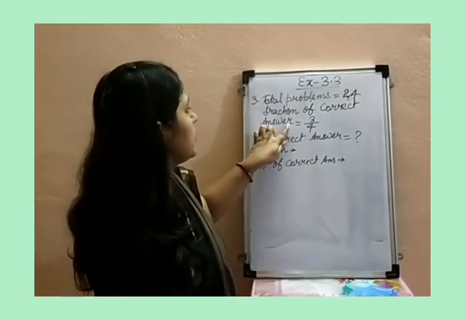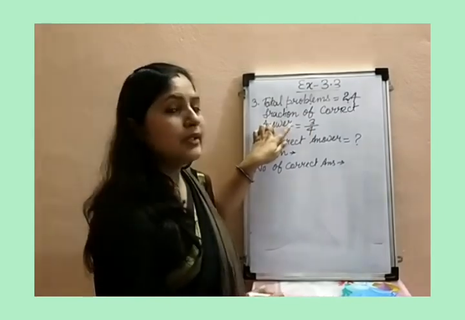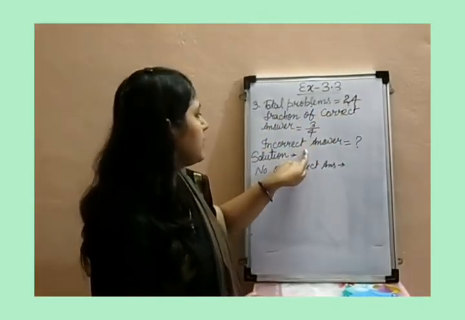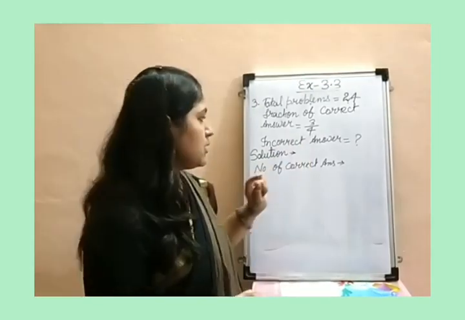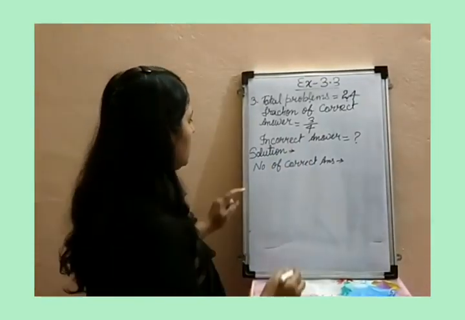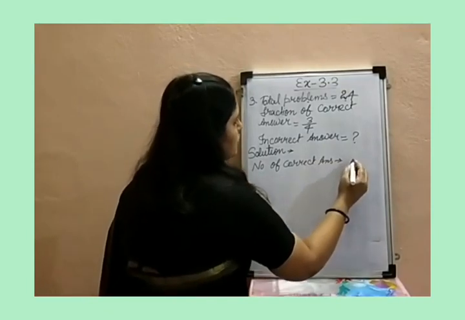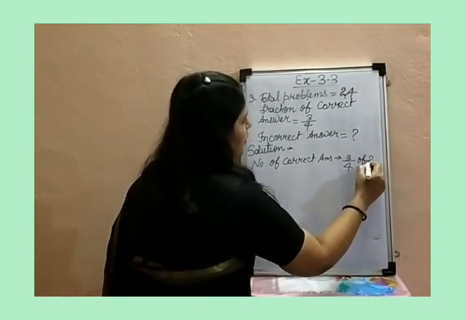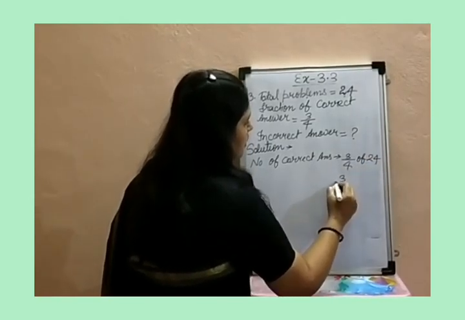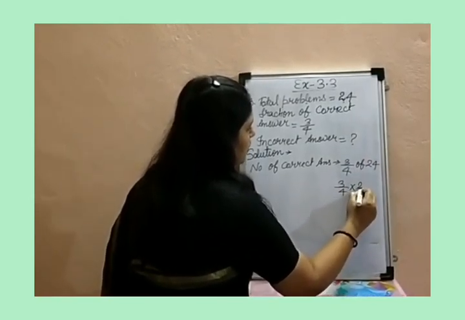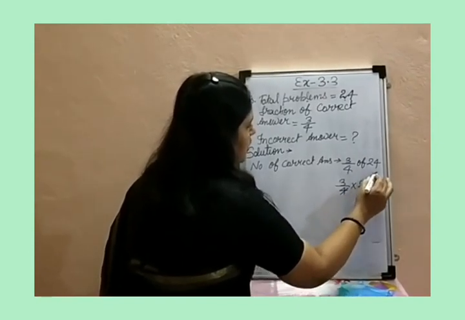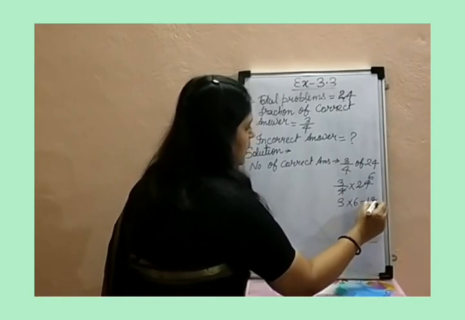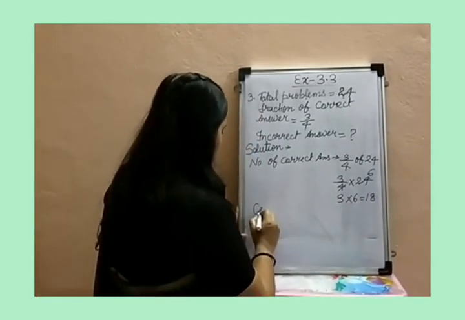First we will find the number of correct answers, and that number will be subtracted from 24. We will get the incorrect answers, or the questions he didn't solve. Number of correct answers equals 3 upon 4 of 24, 3 upon 4 into 24. 6 4s are 24. 3 into 6 equals 18. 18 are correct answers.